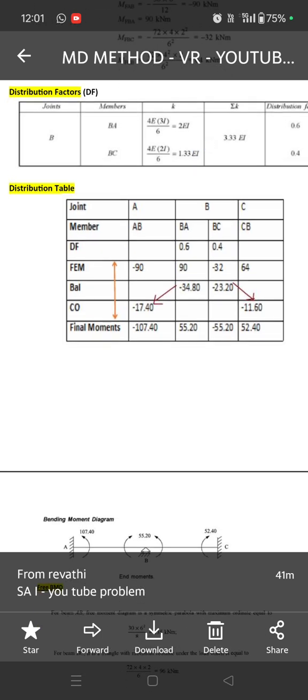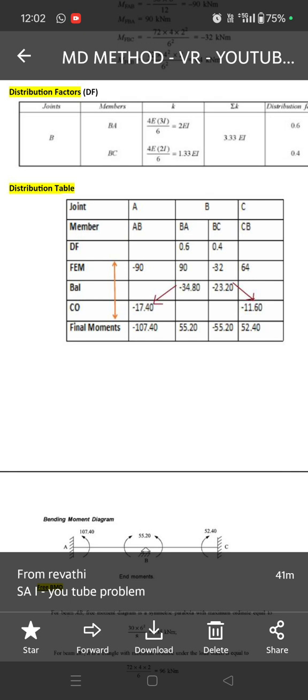Next, we can do the distribution cycle. For carrying out the distribution cycle, first we write the joints. So here joints A, B and C, and members. Under each joint, all the members connected can be listed. So under A we have AB, under B we have the left member BA and right member BC, and under C only one member is connected, that is CB.